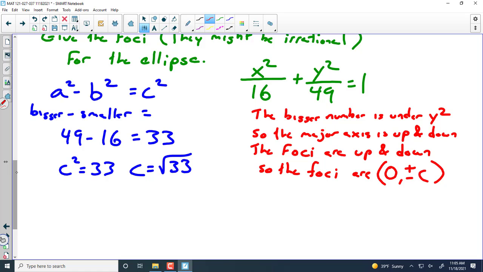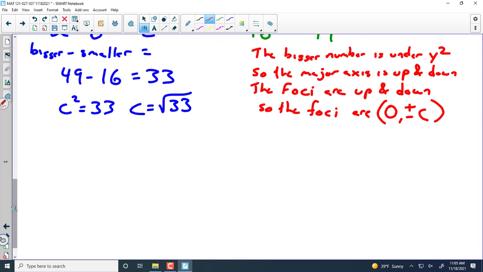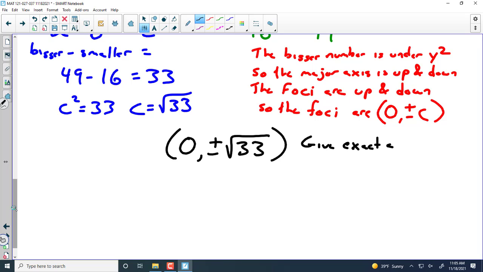And if the foci are up and down, then the ordered pair starts with a 0. And in this case, they're irrational. But when you're doing your homework for this, they're going to want the exact answer, not a decimal approximation. They're not going to want you to plug that into a calculator. They just want you to say 0 plus or minus the square root of 33. That's where they are.